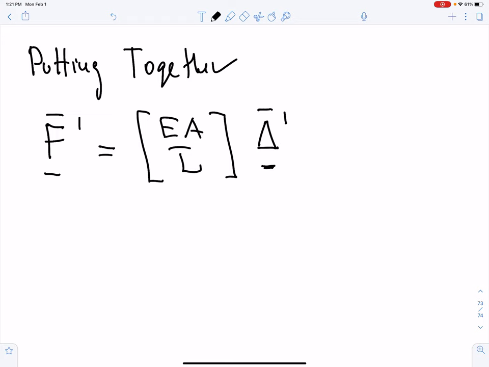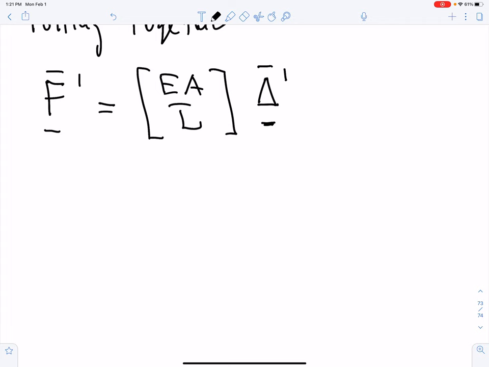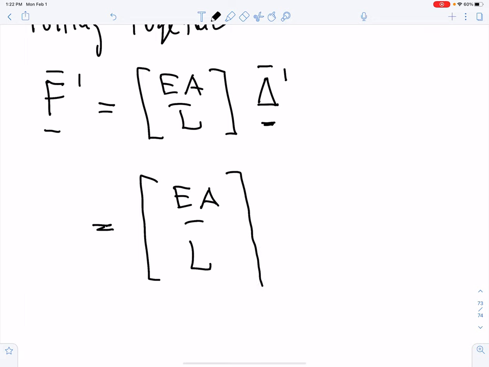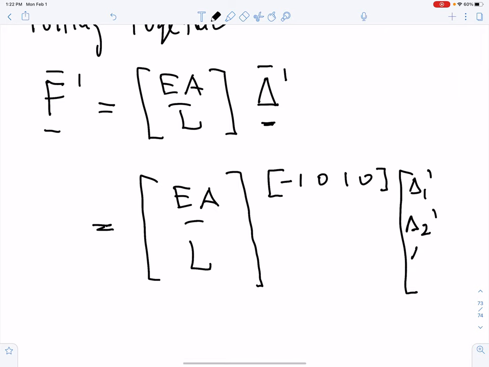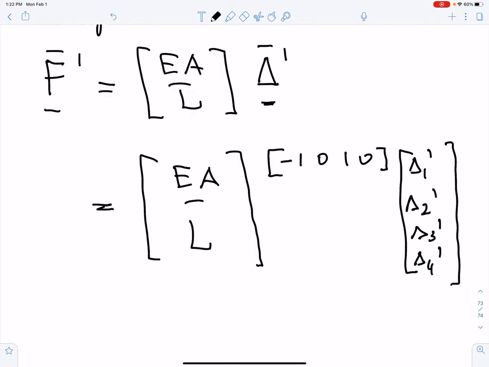Now, we also know that this equals EA over L times minus 1, 0, 1, 0, times delta 1 prime, delta 2 prime, delta 3 prime, delta 4 prime.